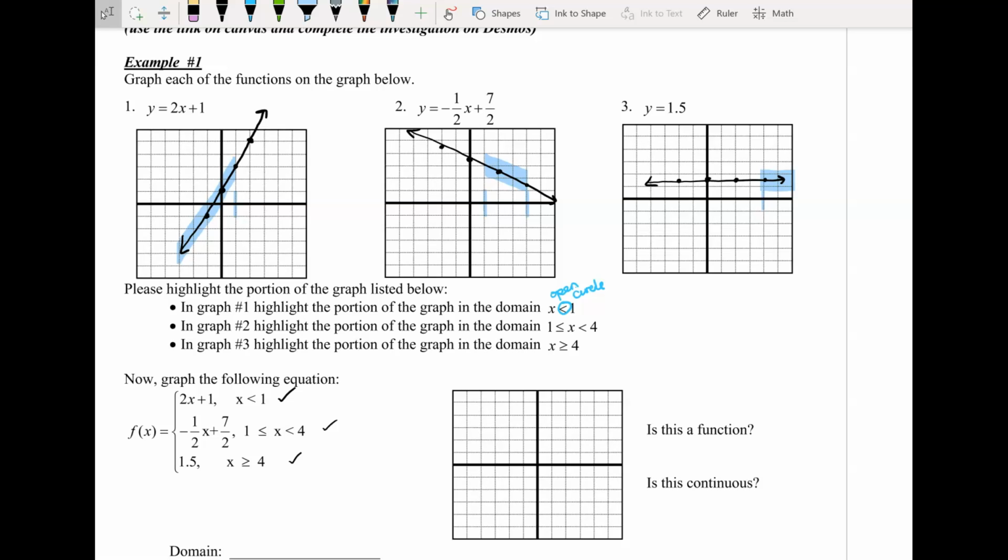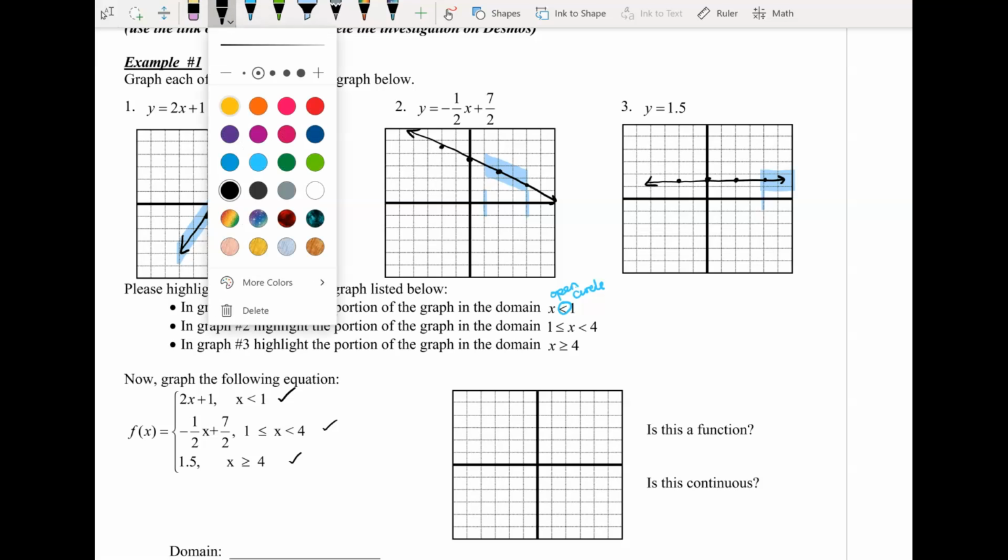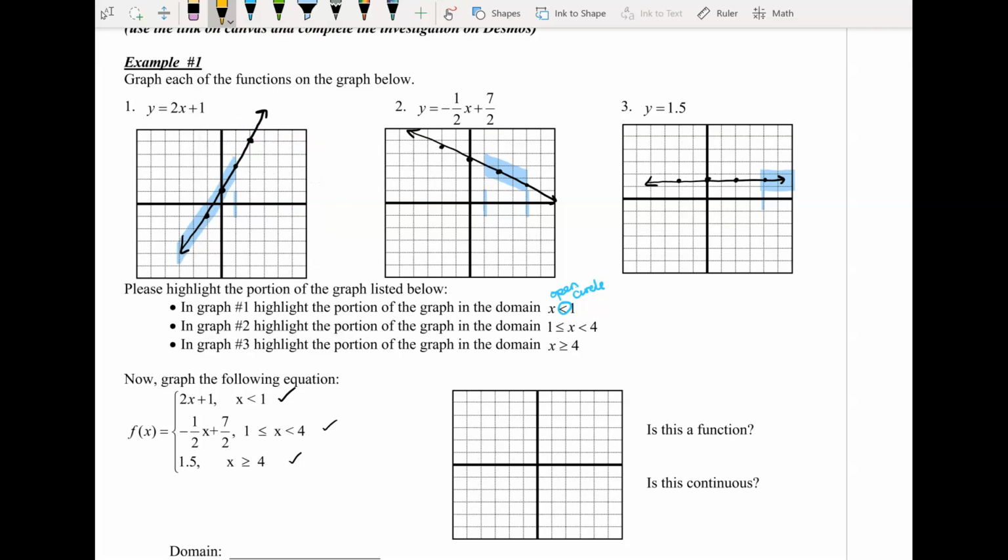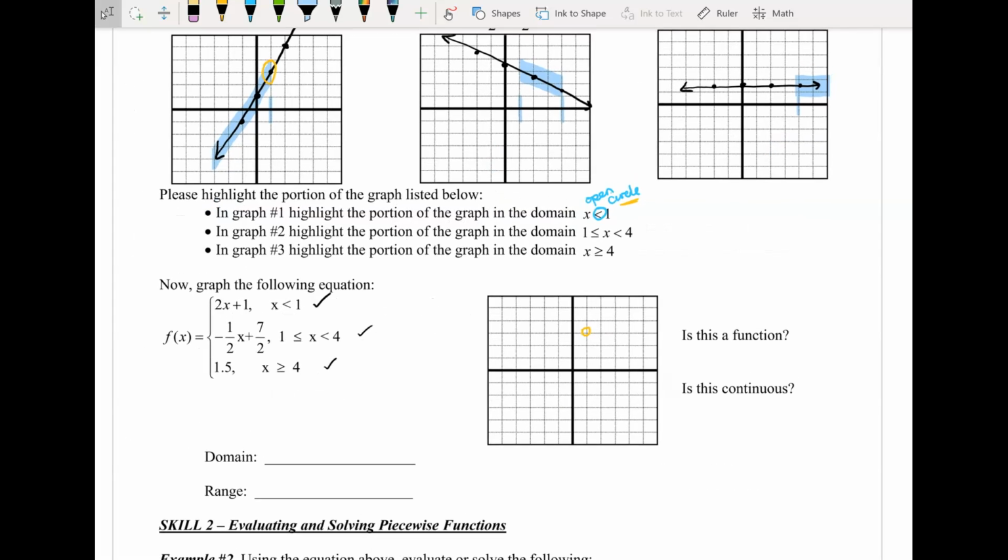For the first one, I'm going to switch colors real quick. I'll do this one in yellow. So at 1, 3, remember, open circle. At 1, 3, I'm going to have an open circle. I'm going to make this a little bit bigger for me.